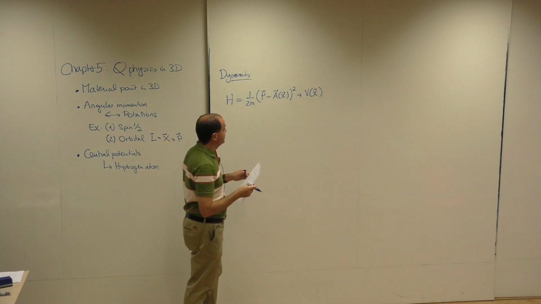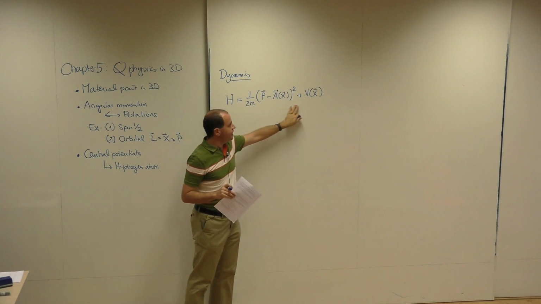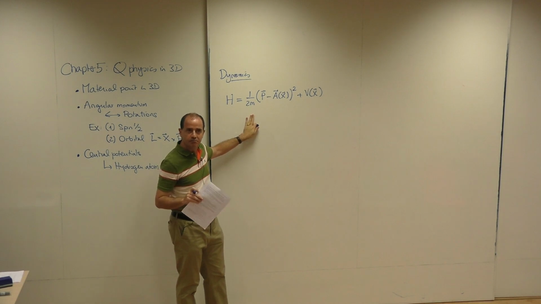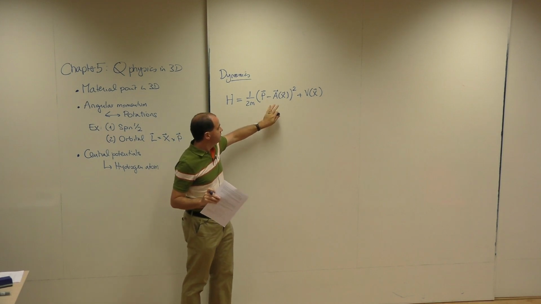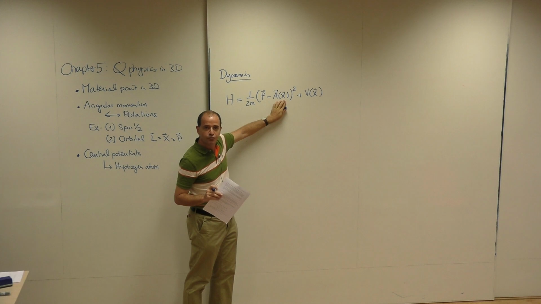In full generality. Now, this fellow is called a vector potential. So, first of all, this is the most general form of a Hamiltonian that respects Galilean invariance in 3D. Now, the interpretation of this object might be a little bit surprising. Where does it come from?